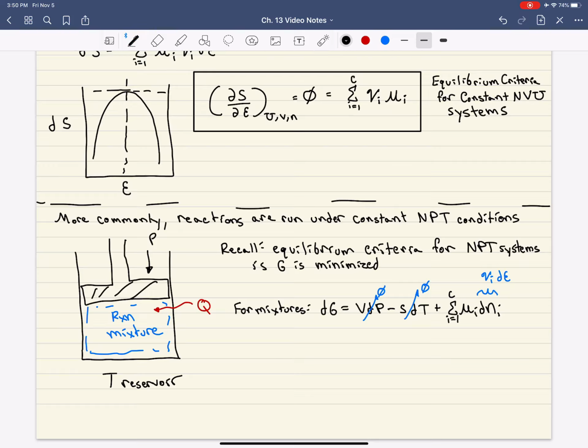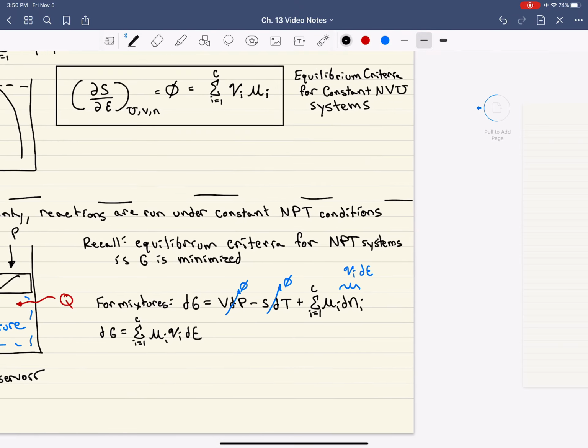Okay, so we get dG is equal to the sum of mu i nu i d epsilon. All right, and so for this system to reach equilibrium, the Gibbs energy needs to be minimized.